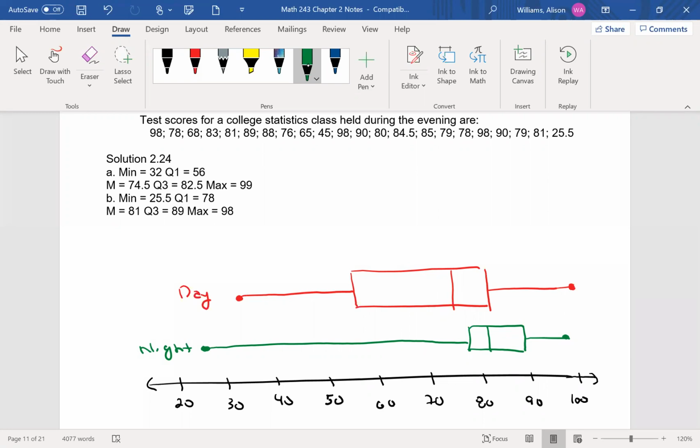But I can tell that overall the scores in the night class were much better than the scores in the day class, simply because of where the middle 50% of the data is. Their 50% from Q1 to Q3 is right here, whereas theirs is from here to here. I do see that the highest score was achieved in the first class, the 99, but followed very closely by 98, which was achieved in the second class.